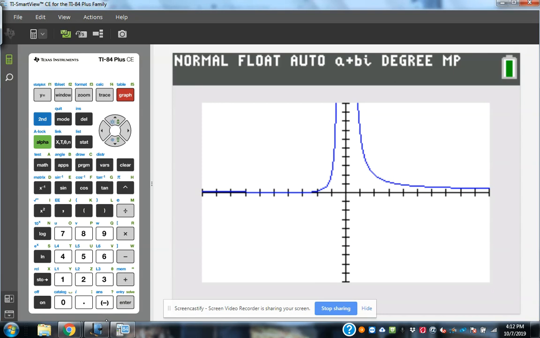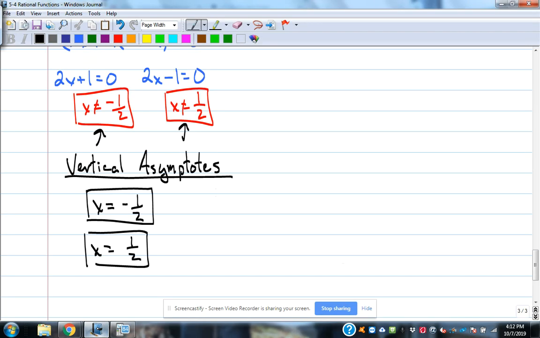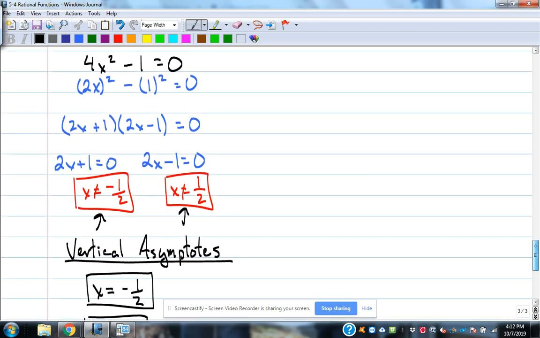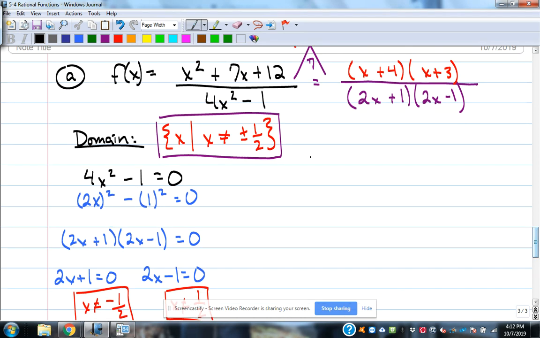All right. Now, the next thing that we need to do is follow our rules to decide if this original polynomial, or the simplified version really, has horizontal asymptotes or obliques, or neither of those.